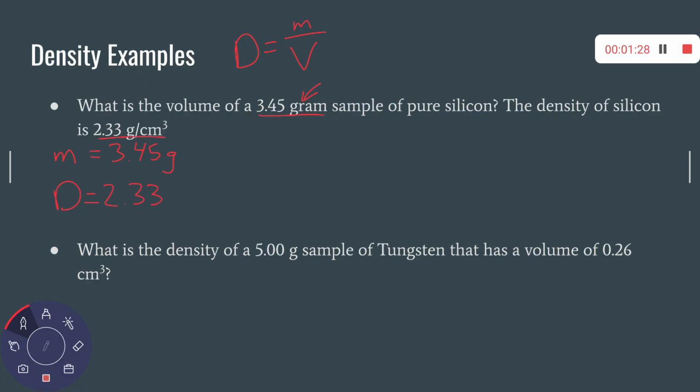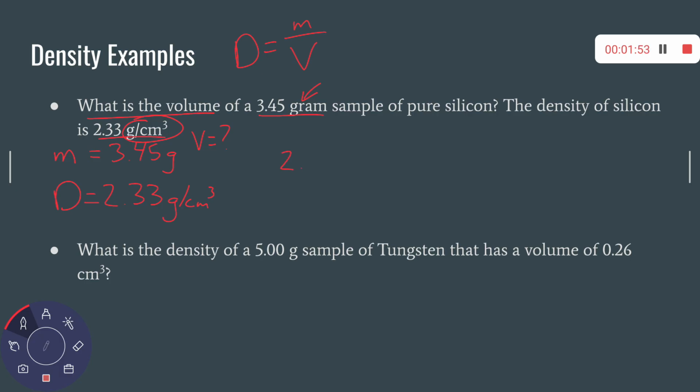But if the problem didn't tell us that, we still would be able to tell, because this derived unit here, a mass unit divided by a volume unit, is the unit for density. Which means that the problem is asking us to find the volume. That's my unknown.